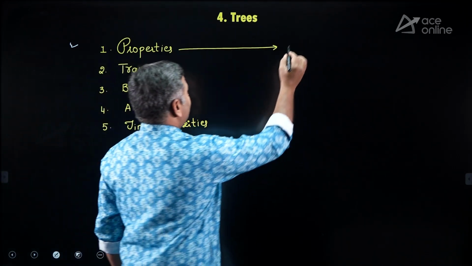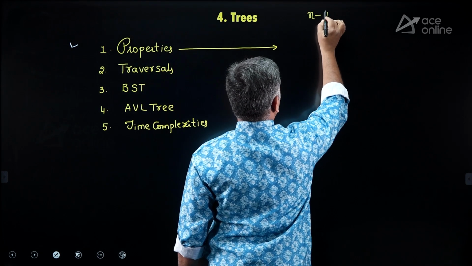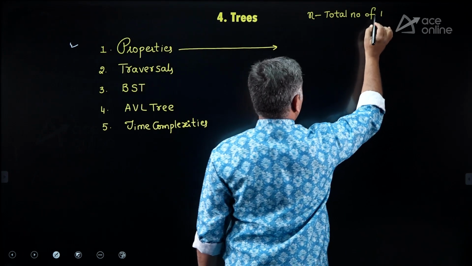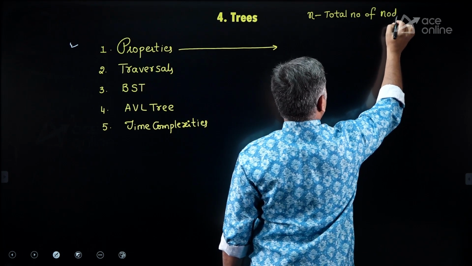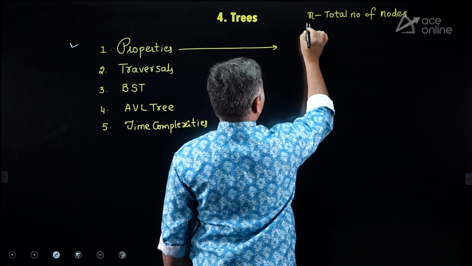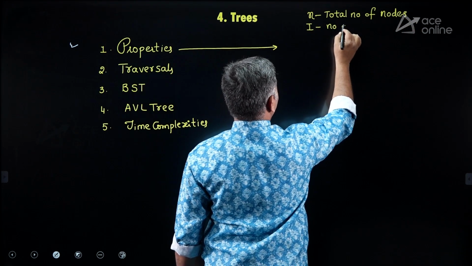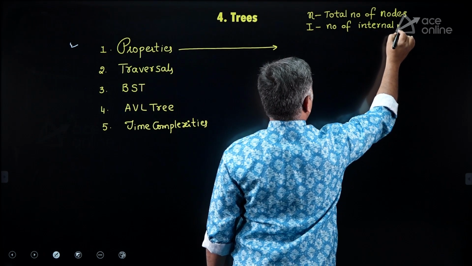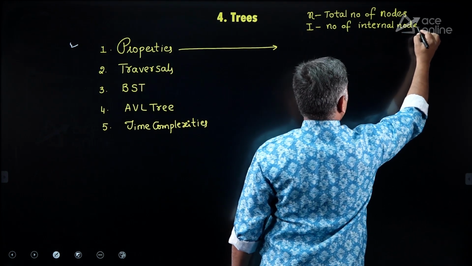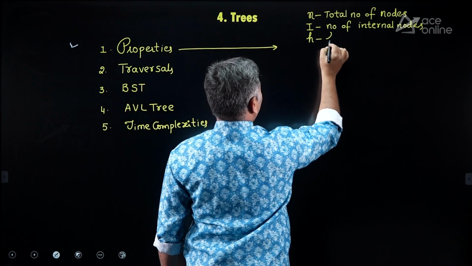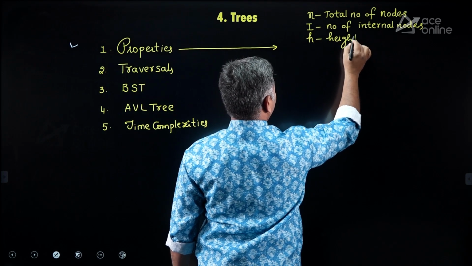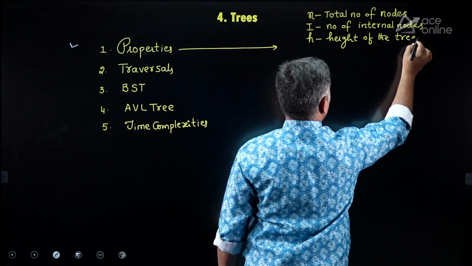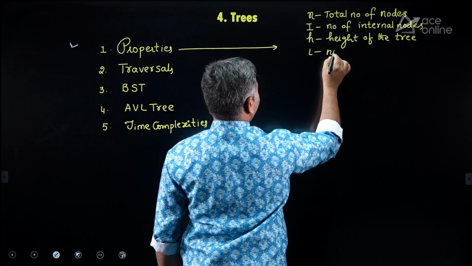For example, n indicates total number of nodes, I indicates number of internal nodes, H indicates height of the tree, and L indicates number of leaf nodes.